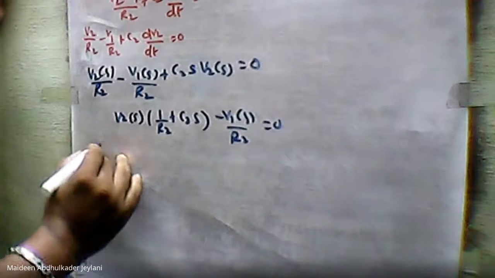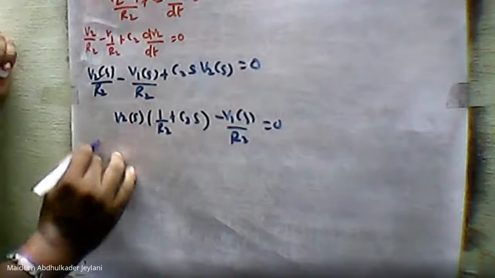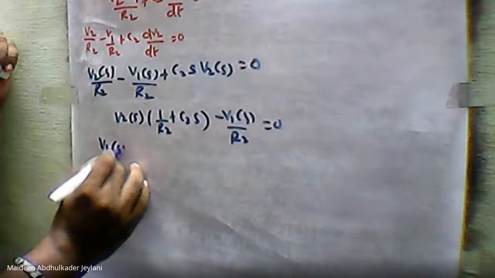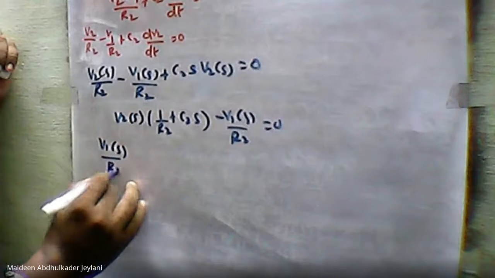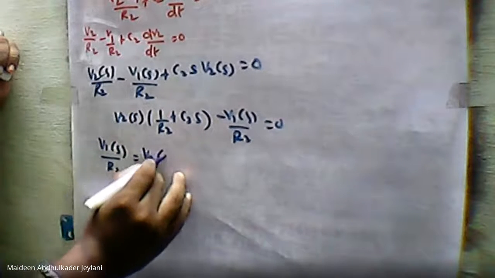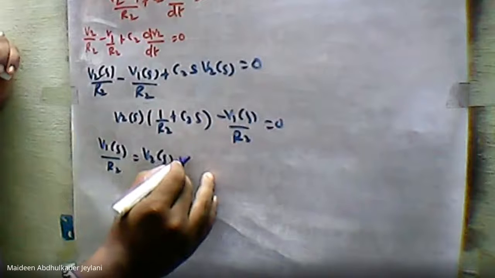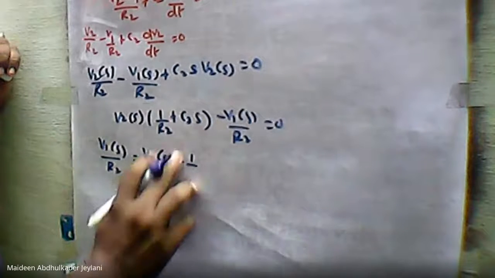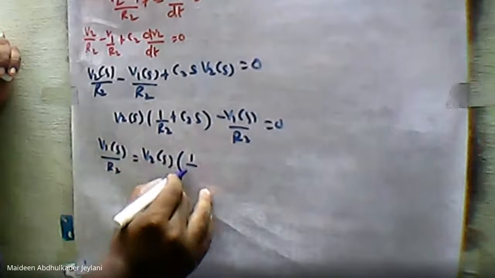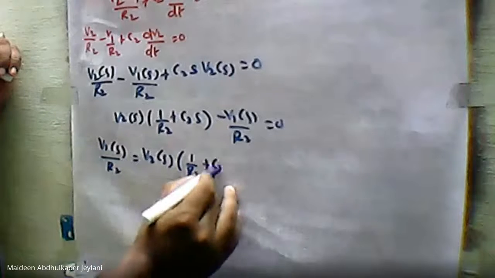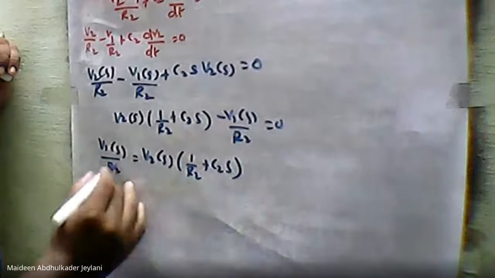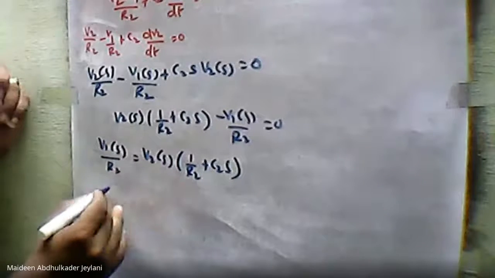Okay, from this you just find what is V1 of S. So I can rewrite this equation as V1 of S by R2 equal to V2 of S, not plus, it is multiplication, into 1 by R2 plus C2 of S. So bring your R2 to the right hand side.